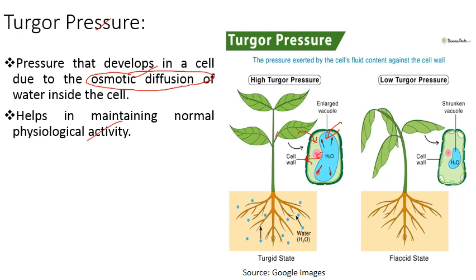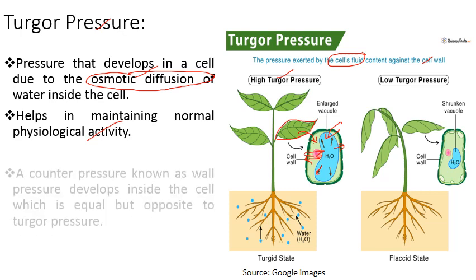Whatever the shape of the leaf, the shape of flowers, the shape of petals, that shape is maintained by this turgor pressure. So the pressure exerted by the cell's fluid, basically the fluid inside the cell, against the cell wall, that hydrostatic pressure is known as turgor pressure.